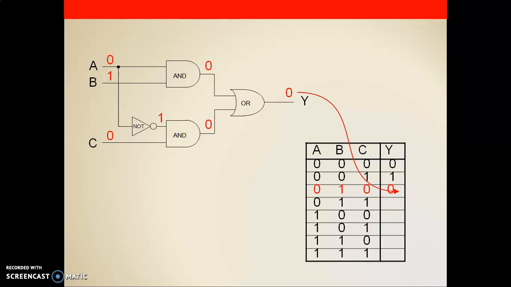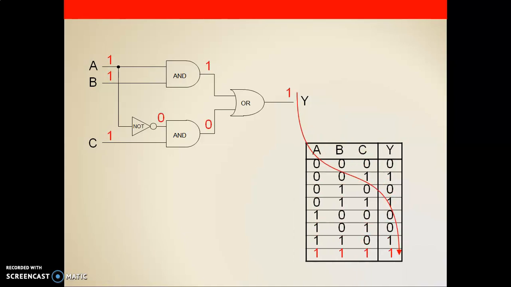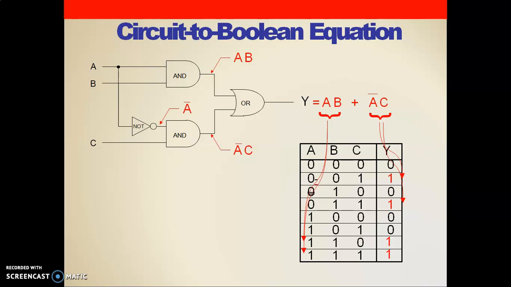See, we'll just show the last table, how it gets filled. These are all the entries for Y. See, 0, 0, 0, output is 0.